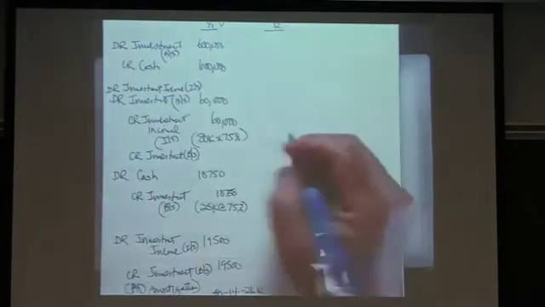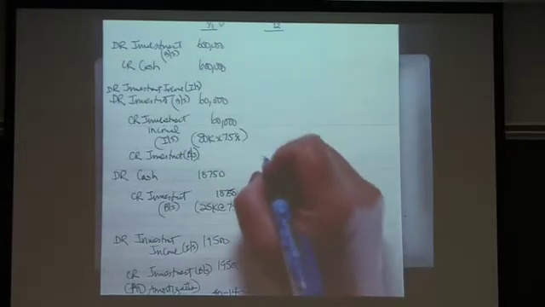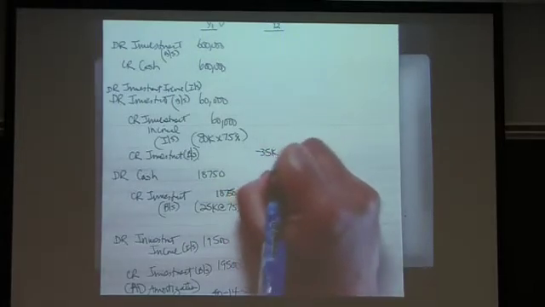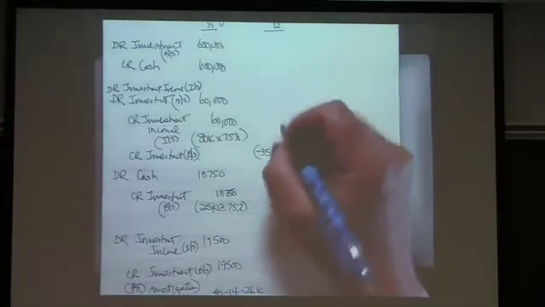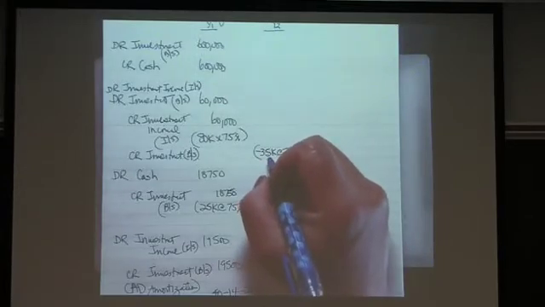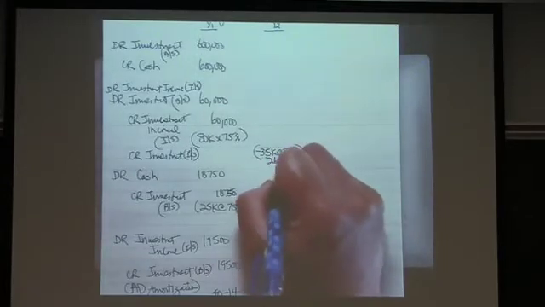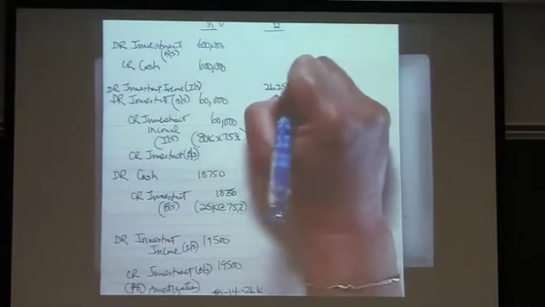And this one, we know that this one had a loss, right? So it's 35,000 at 75%. This will give us a credit of 26,250, and this is 26,250.